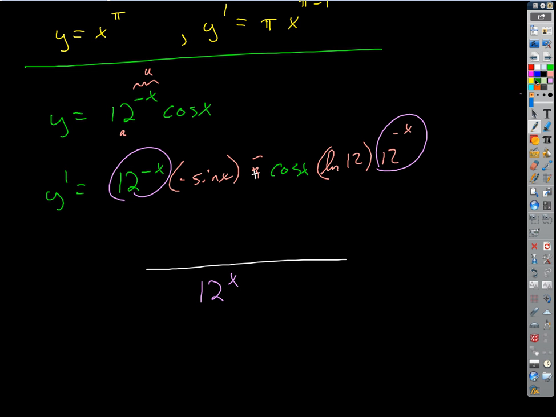And my first term is just going to be negative sine x minus log 12 cosine x. We agree? Same thing as factoring out a 12 to the minus x, and then putting that common factor on the bottom where it belongs, because it's a negative exponent.